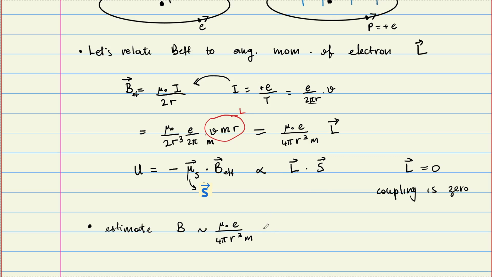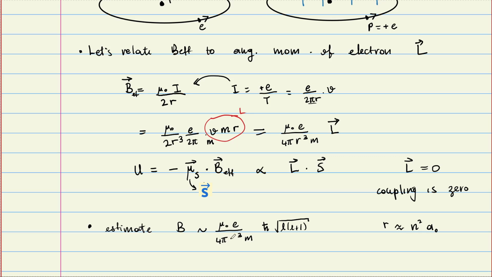For L, I'm going to put h bar square root of L(L+1). For R, I am going to put R is approximately n squared a naught. Maybe I can remind you how to get this in a little bit, but for the moment let's focus on this.